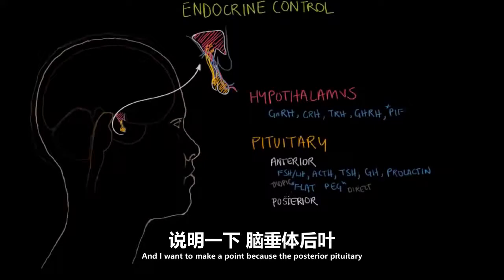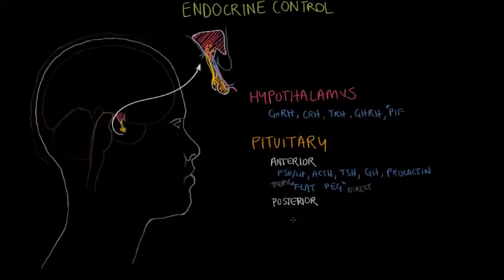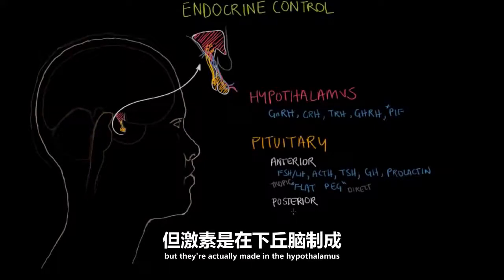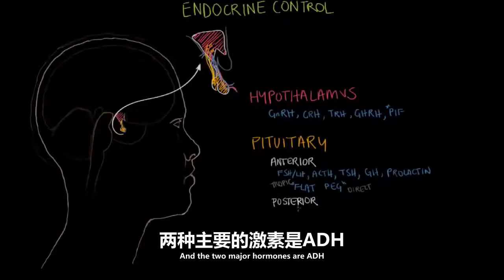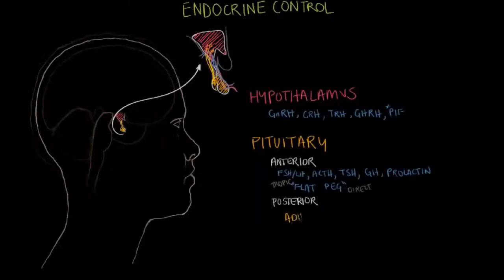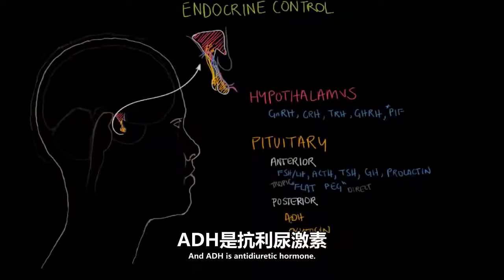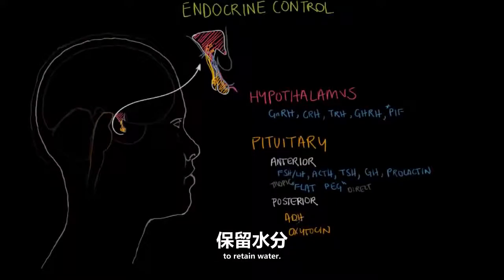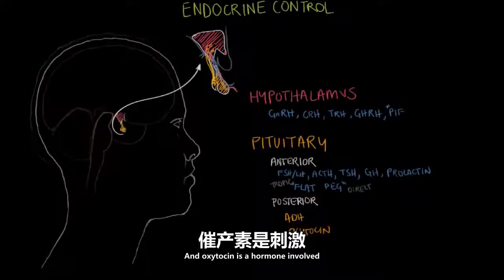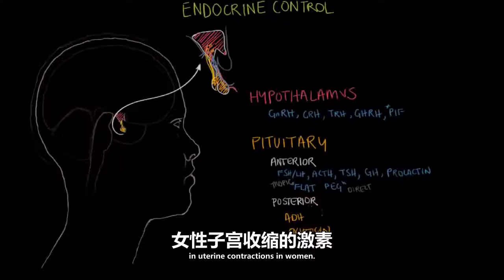I want to make a point: the posterior pituitary releases these hormones, but they're actually made in the hypothalamus and stored in the posterior pituitary. The two major hormones are ADH and oxytocin. ADH is antidiuretic hormone, and it stimulates the collecting ducts in the kidneys to retain water, and oxytocin is a hormone involved in uterine contractions in women.